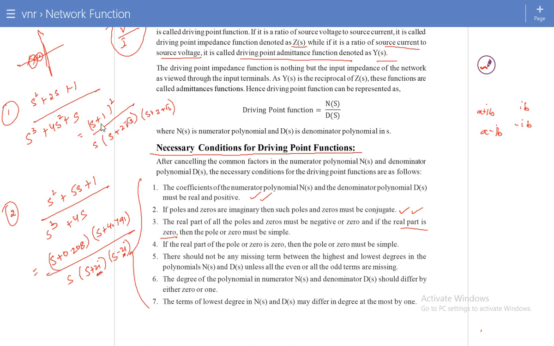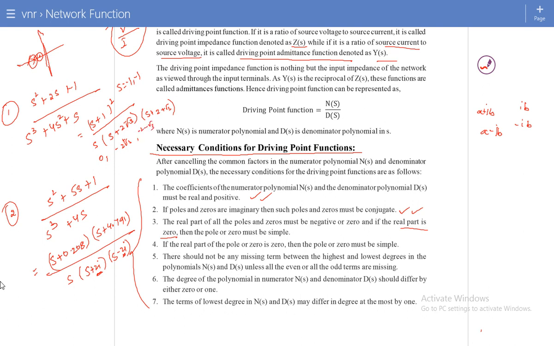See here, what are the zeros here? The zeros here are -1, -1, poles are 0, -2 plus root 3, -2 minus root 3.